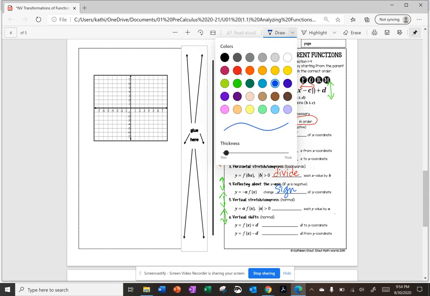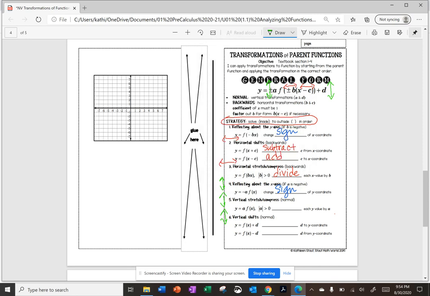After I check whether A is negative or not, if A is greater than 0, I'm going to multiply each y value by A. And for vertical shifts, if I'm plus D, I'm going to add D to the y coordinate.